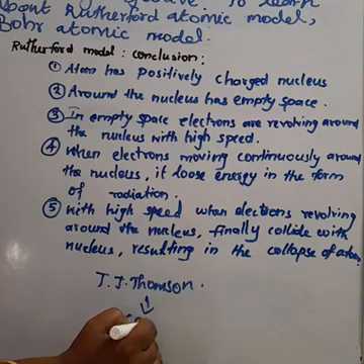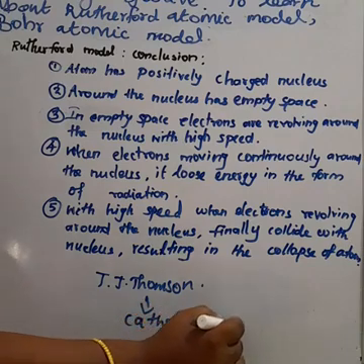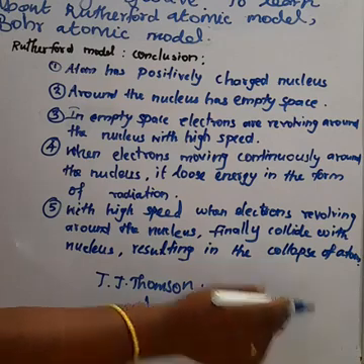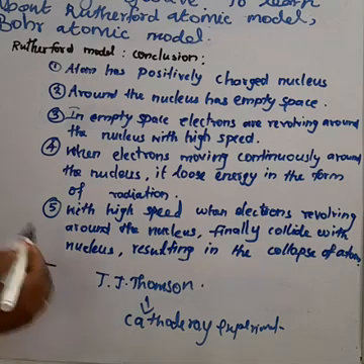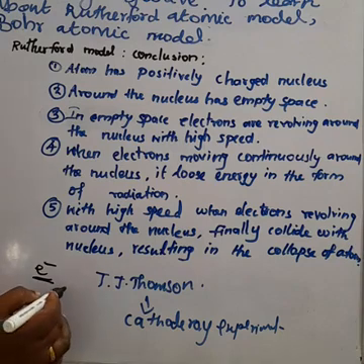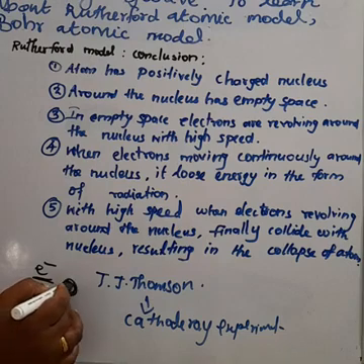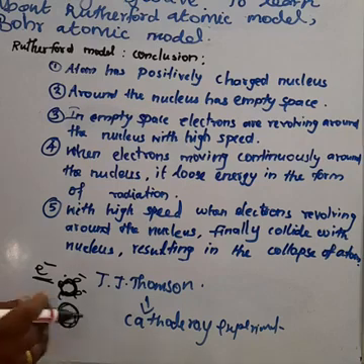From his experiment, we learned that atoms consist of negatively charged particles called electrons. He also proposed that the atom is a positively charged sphere in which the electrons are embedded like seeds in a watermelon.